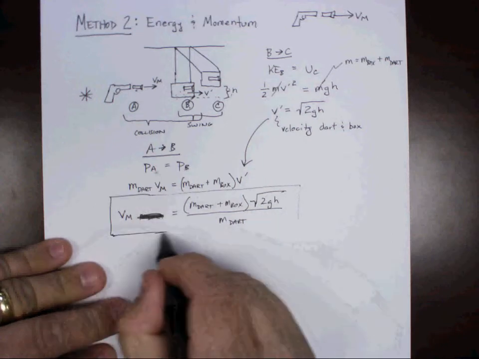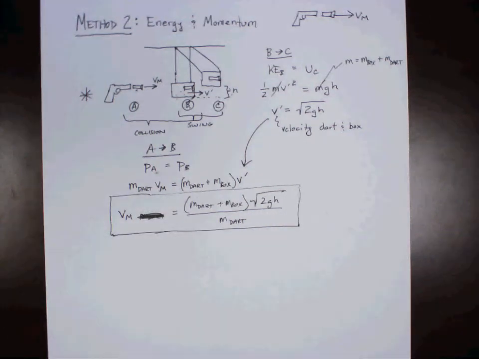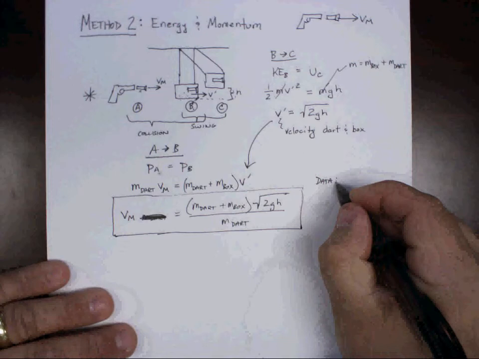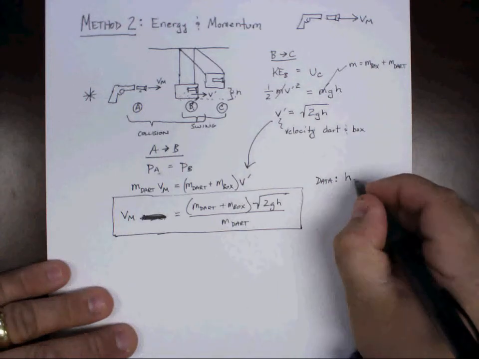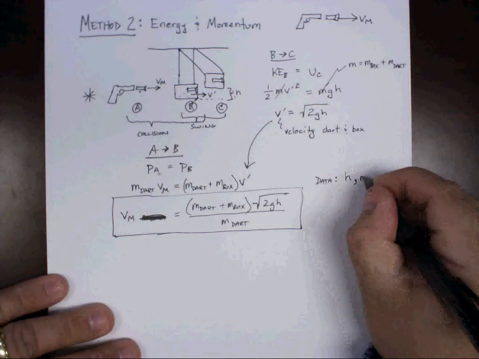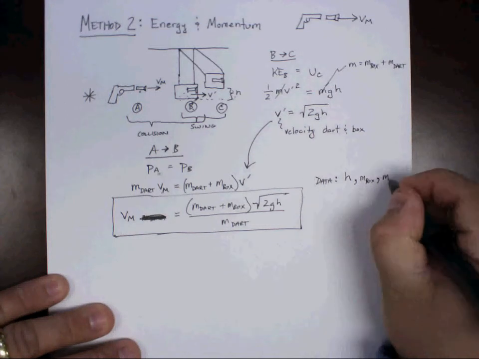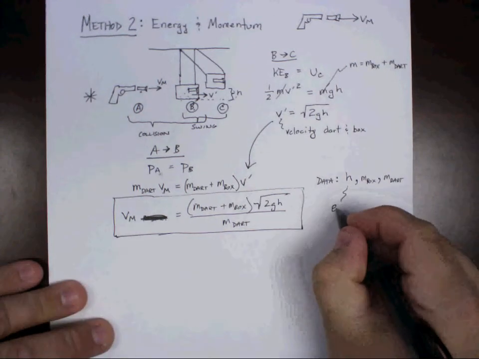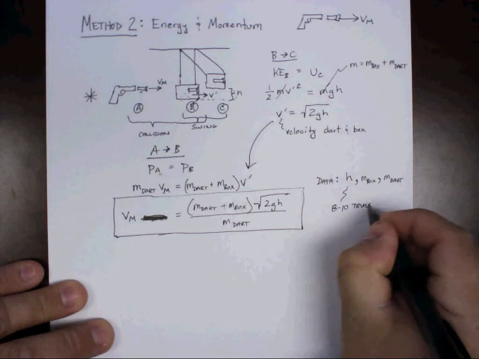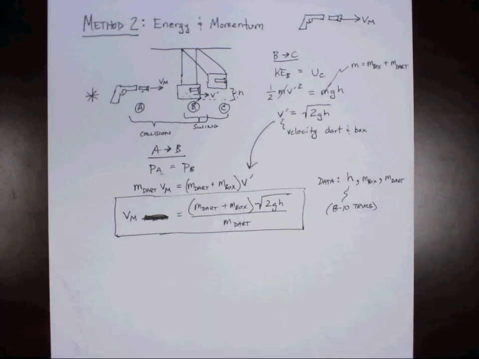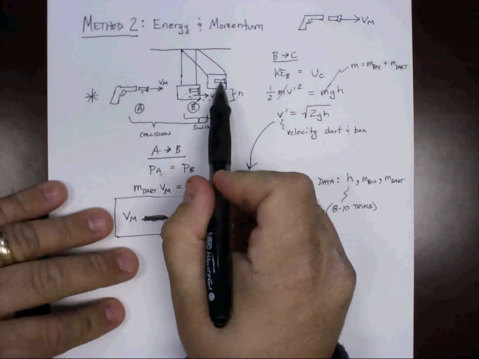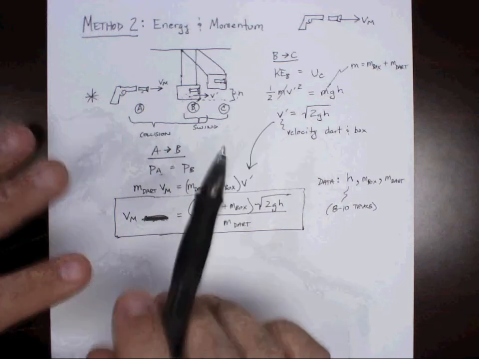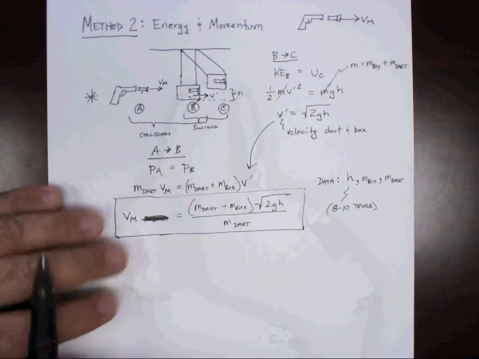So now all I've got to do is solve this for the muzzle velocity, Vm. I apologize. Vm, the muzzle velocity of the dart, is the mass of the dart plus the mass of the box times the square root of 2gh, all over the mass of the dart. I divided through. So that's how we would find the muzzle velocity using this experiment.